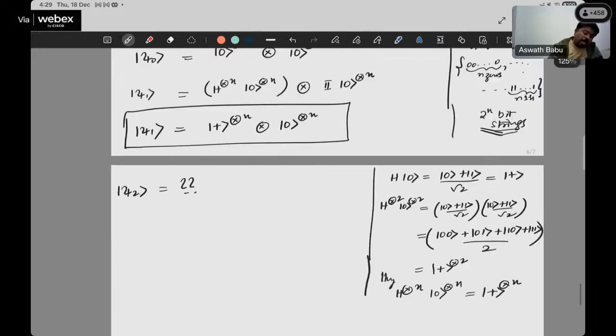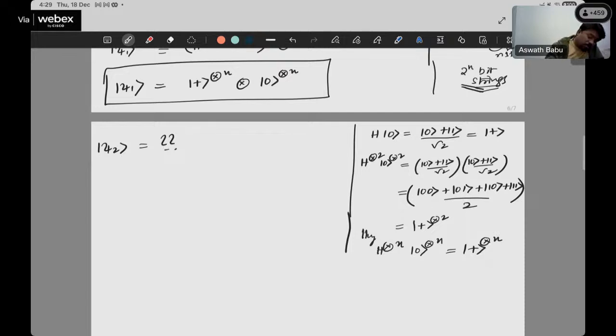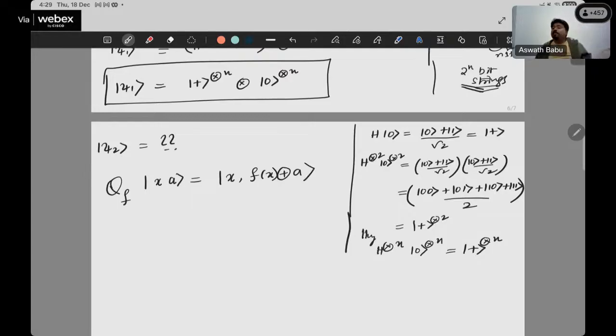The way we will write it is the quantum Fourier transform function acting on any query with an ancilla is going to give me the ancilla being replaced by addition modulo of the function value of x.